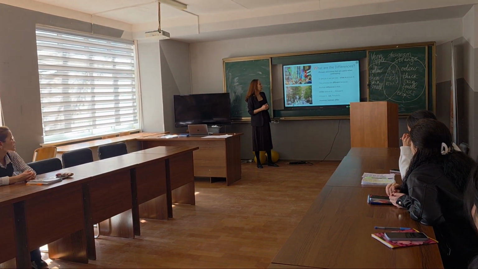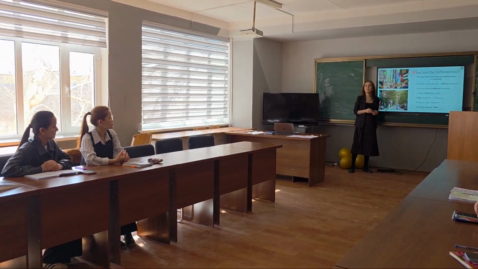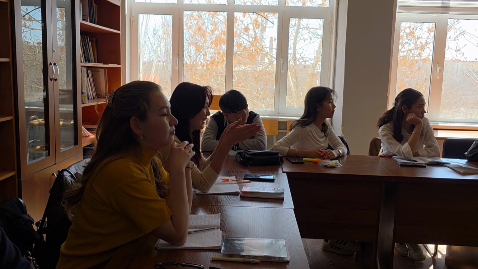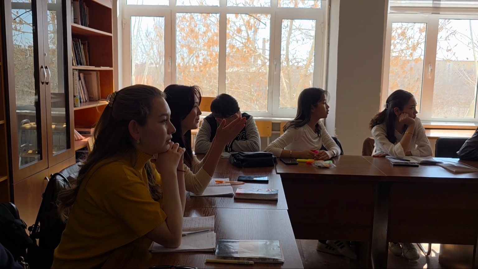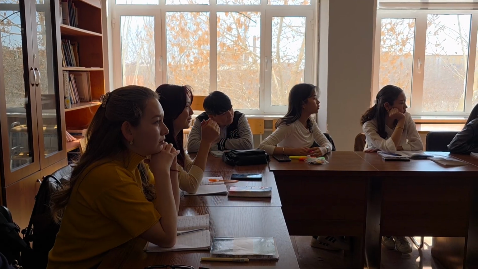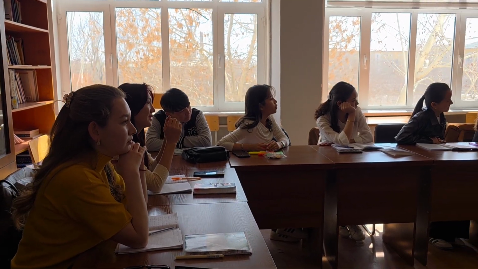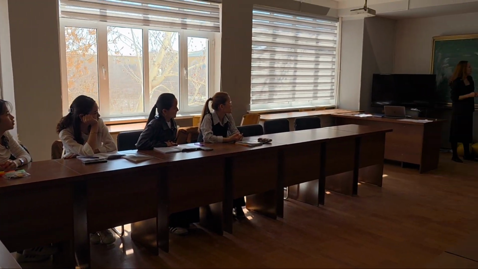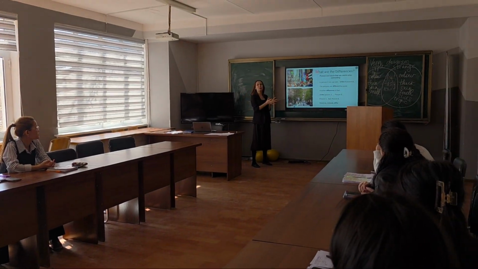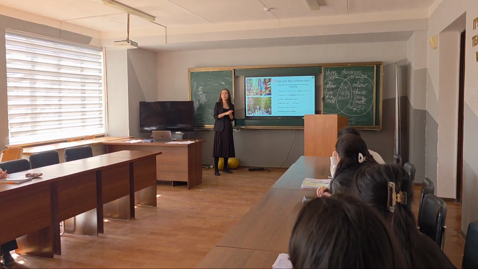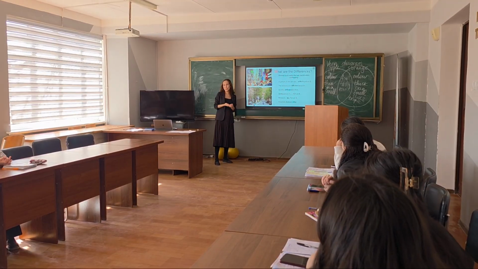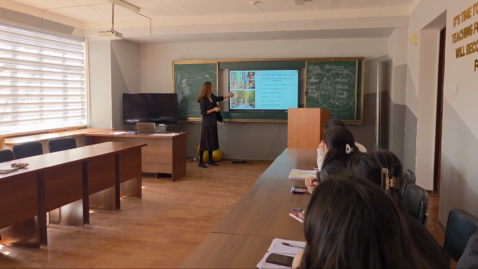Also, in the first picture, we can see a noisy place, while in picture B, a peaceful place for people. So picture A seems to be noisy, while picture B is a peaceful place.